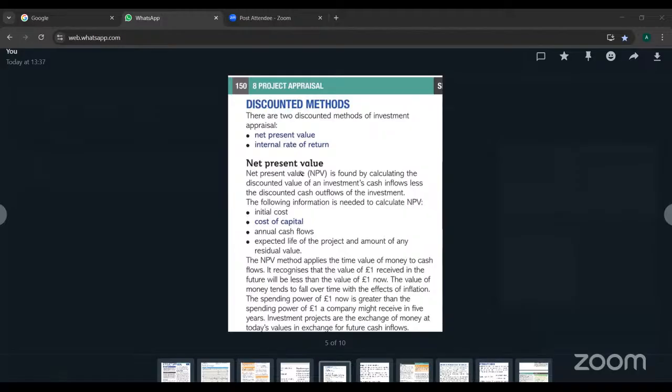In simple words, a sum of money is worth more today than the same amount in the future due to its earning potential, because of investment, interest, and inflation. For example, a dollar is worth more today than it will be in the future, because money you have now can be invested for a financial return, and inflation will reduce the future value of the same amount. Did you understand that? Yes or no?